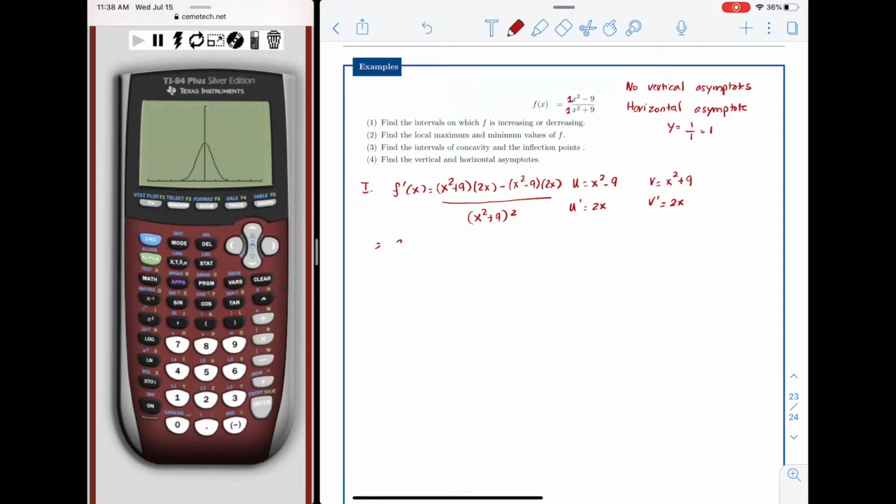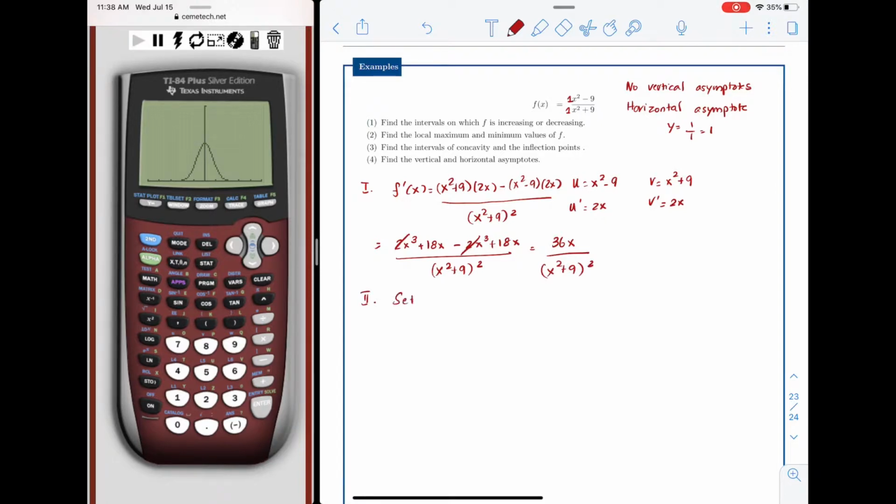Distribute and simplify: 2x cubed plus 18x minus 2x cubed plus 18x, divided by x squared plus 9 squared. That gives us 36x over x squared plus 9 squared.